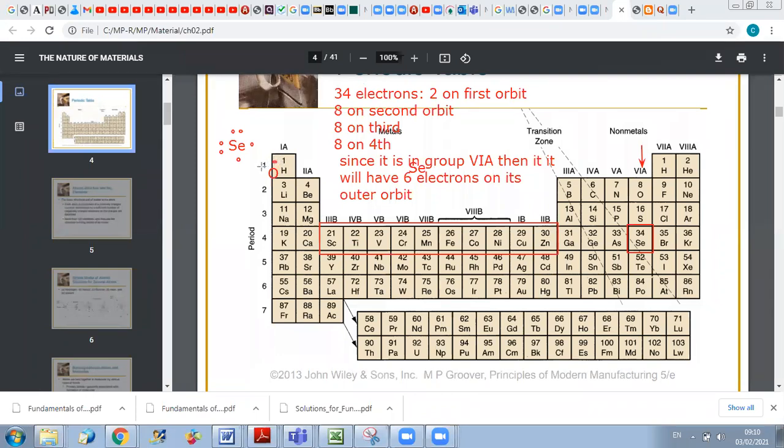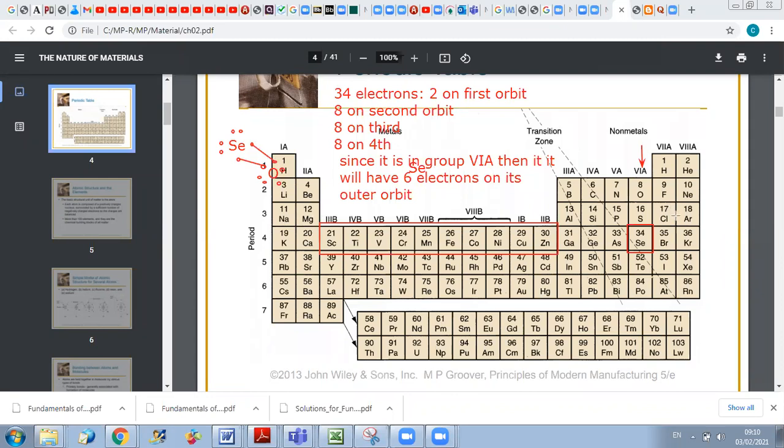So 1, 2, 3, 4, 5, and 6. So what they will do is share 2 electrons together. Okay, and by sharing 2 electrons, each one will have 8 electrons on its outer orbit. So in this case, Se will do a covalent bonding with oxygen.